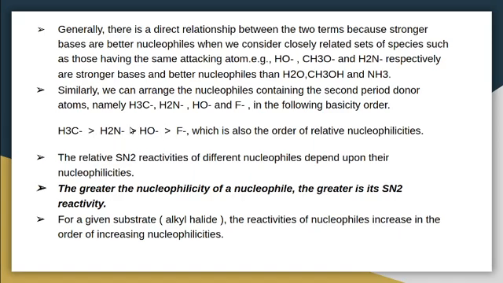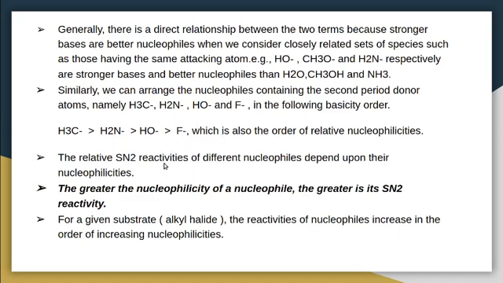Here the attacking center is carbon. In the case of NH2 minus, the attacking atom is nitrogen, then here oxygen, and in the case of F minus, the attacking atom is fluorine. So the basicity order and nucleophilicity order are in the same way.